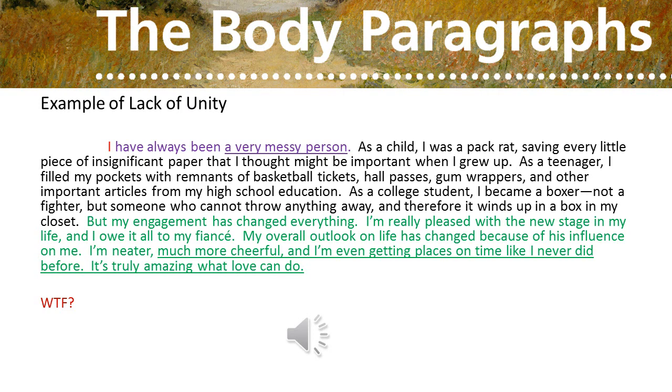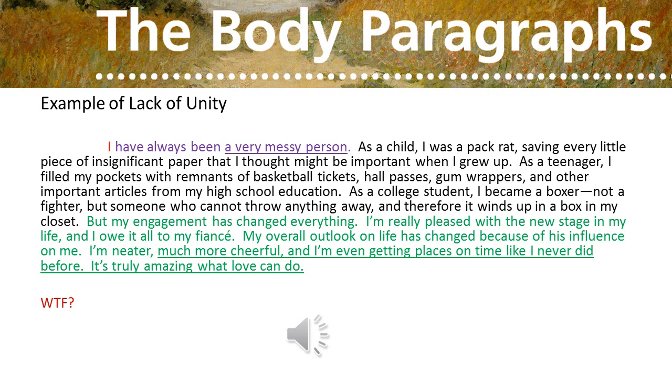Note, of course, the topic sentence, and there's nothing wrong with it. Subject is I, controlling idea, have always been a very messy person. Now, I've underlined a very messy person because that's really the idea that the writer is trying to get across in this paragraph. So let's begin by going through what the writer has to say about being messy.